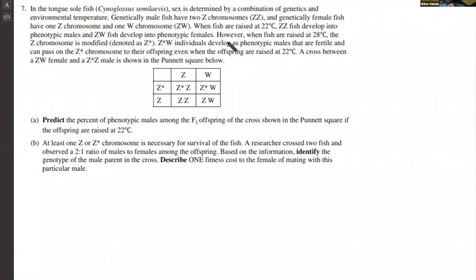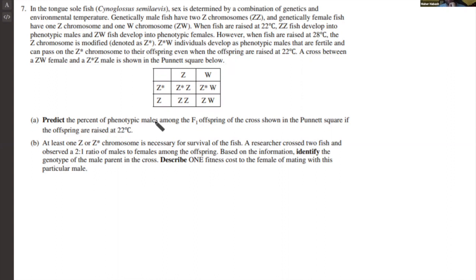Z star W develop as phenotypic males that are fertile and can pass on the Z star chromosomes to their offspring, even when offspring are raised at 22. A cross between a ZW female and a Z star Z male is shown in the Punnett square below.